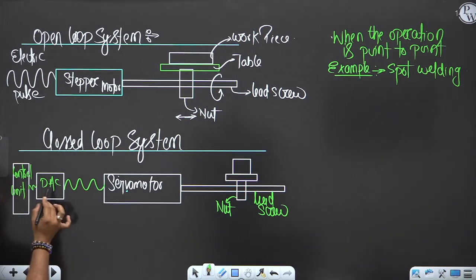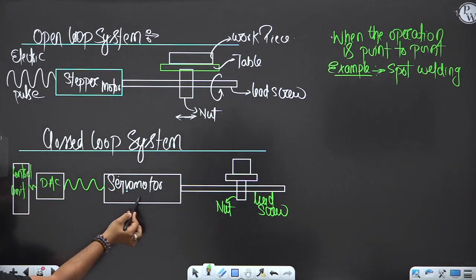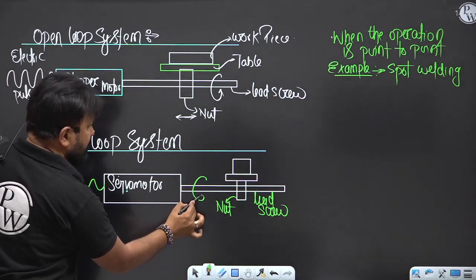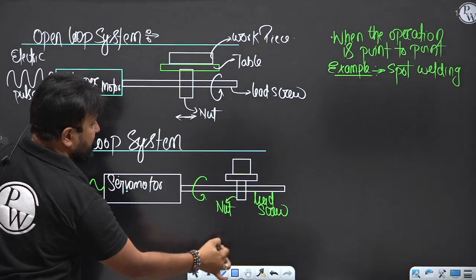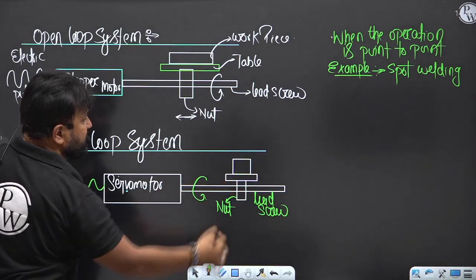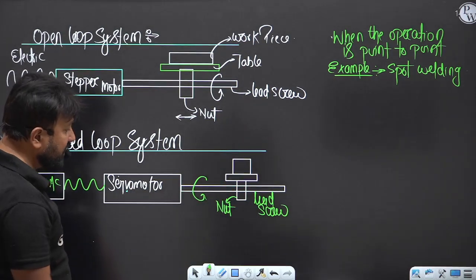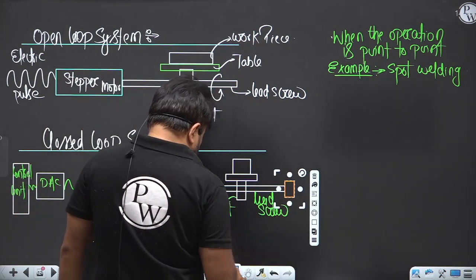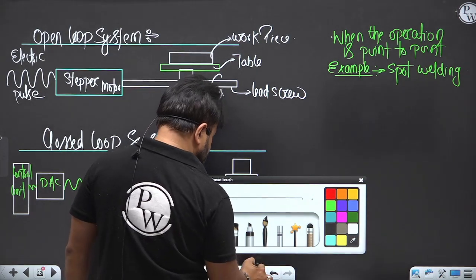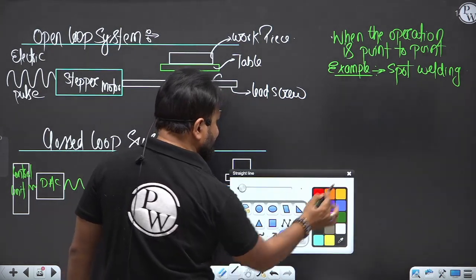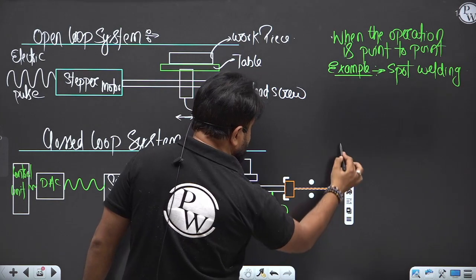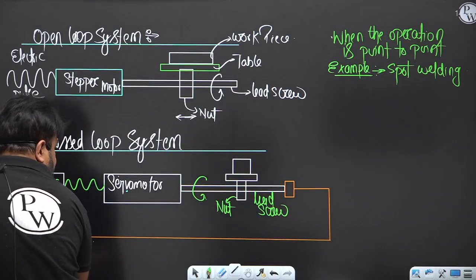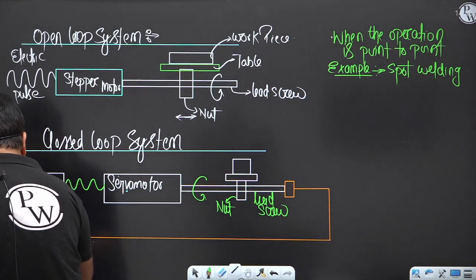Now the control unit sends the signal through the DAC, and the DAC will send the signal to the servo motor. Then that servo motor will rotate the lead screw through a specific angle. The nut will do a linear motion. The work table will do a linear motion. The workpiece will do a linear motion with respect to the tool. Now at the end, there will be an optical encoder, my dear. Basically, it is a feedback device.